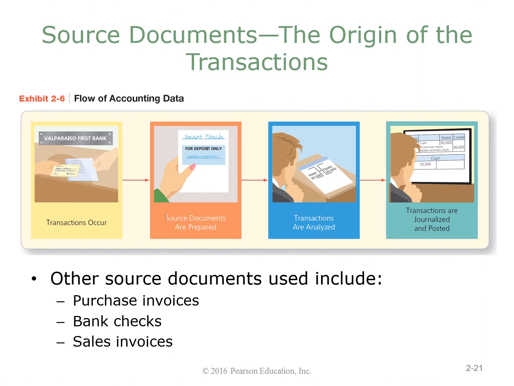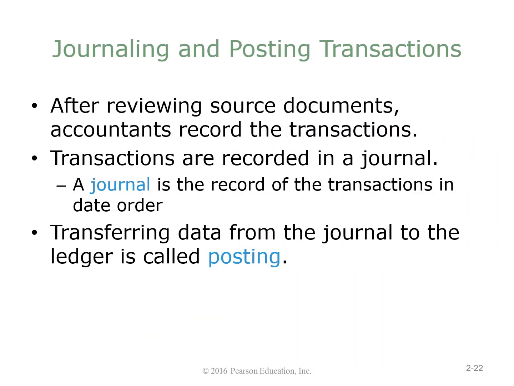So actually the flow of accounting data will start by the transaction will occur, then a source document are prepared, the transactions are analyzed as we did in chapter 1, then it will be journalized and posted as we are going to do. Like as we said, purchase invoice, bank check, sales invoices, all of those are to be considered as source documents.